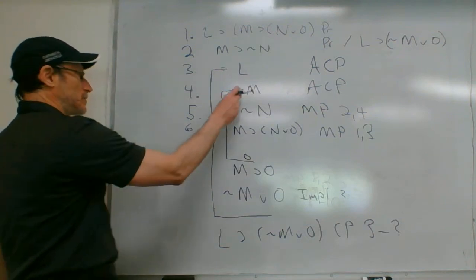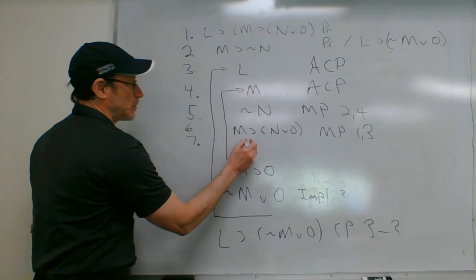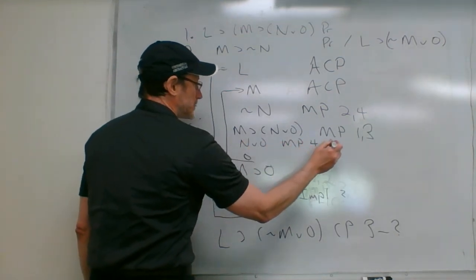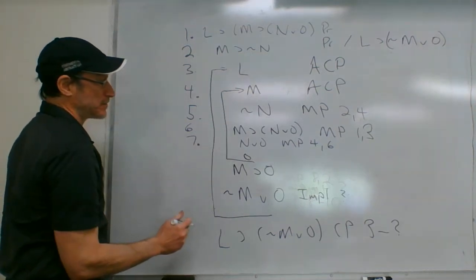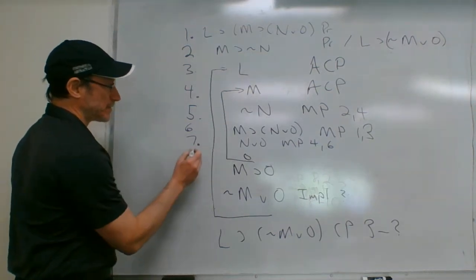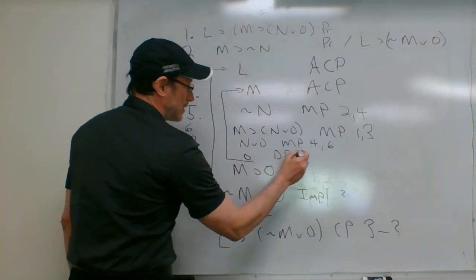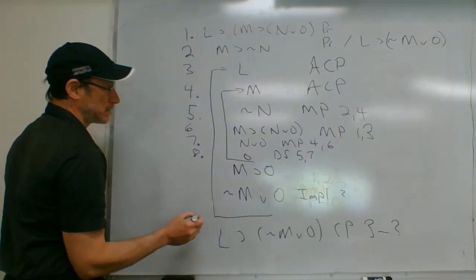Now I have another modus ponens, 4 and 6. That's N wedge O by modus ponens on 4 and 6. And now I have a disjunctive syllogism on 5 and 7. And that gets me O.